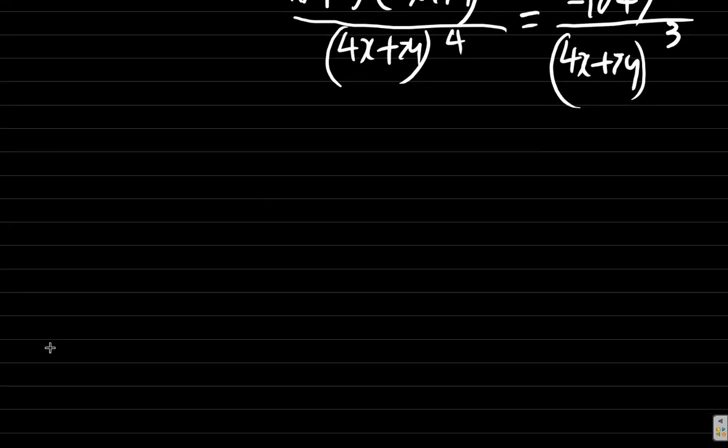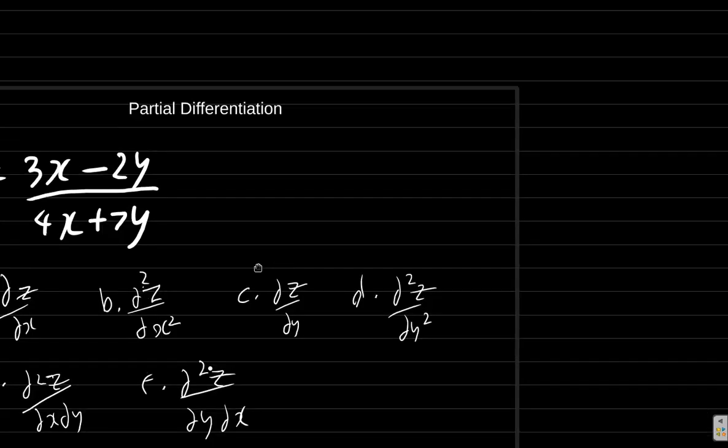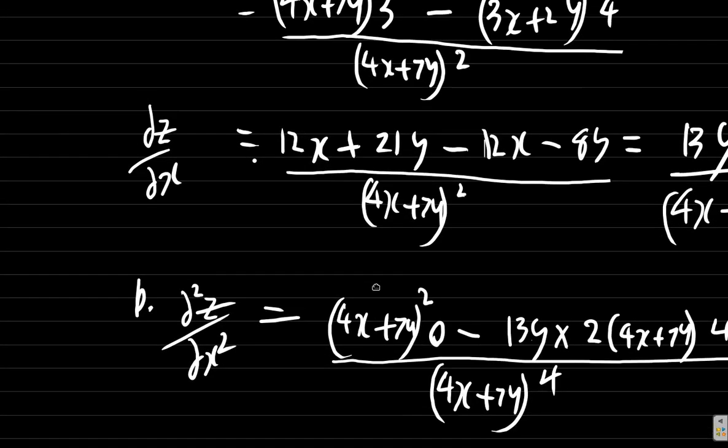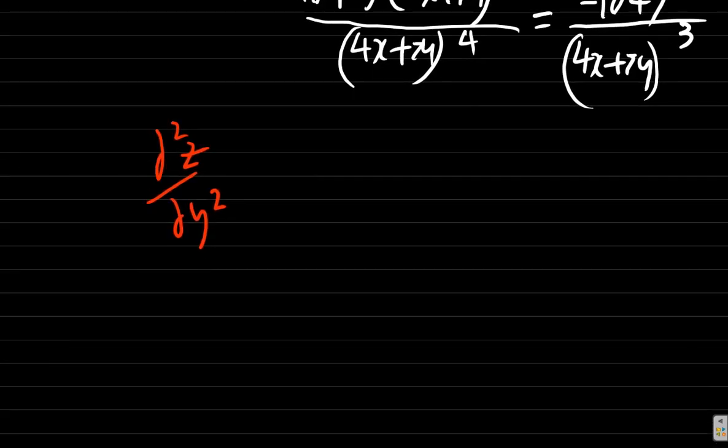Now what would be ∂²z/∂y²? No, we haven't done y yet. We've gone to the square and we haven't done the y as yet.